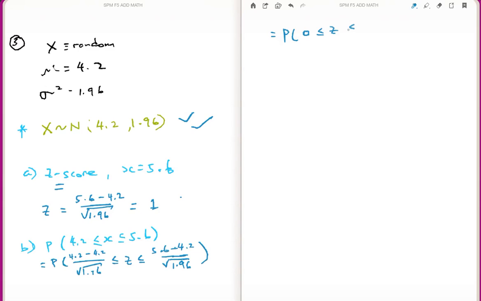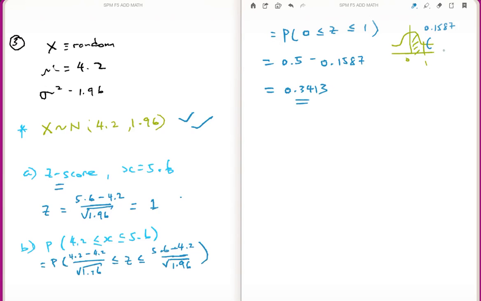You can't really solve it without the bell curve. If you draw the side, it doesn't interfere with my working. 0, 1, this area. How to do that? This area is 0.5 subtract the area beyond 1. So you need to find out what this area is. It's 0.1587. So therefore the whole part is 0.5 subtract 0.1587, and you get the answer.